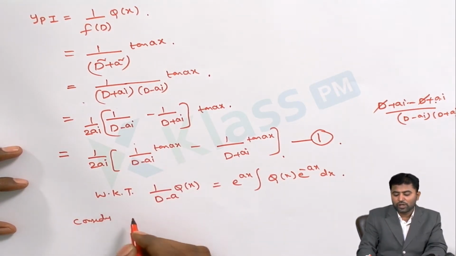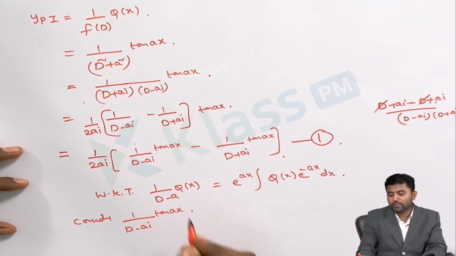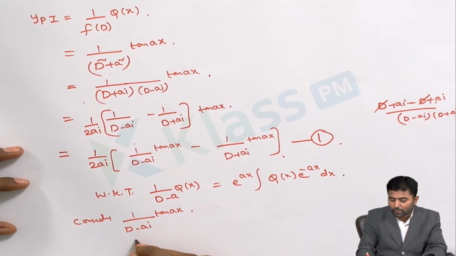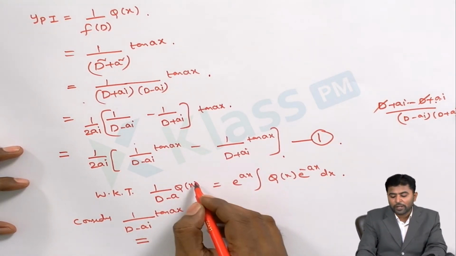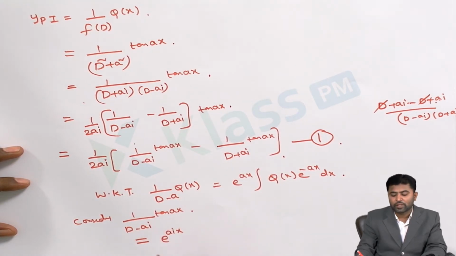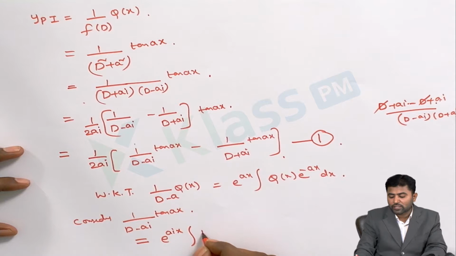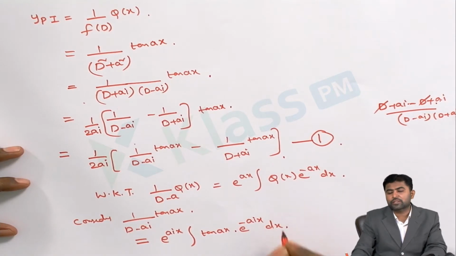Consider 1 by D minus ai tan ax. Then that will be equal to, see that in the place of a you have ai, in place of Q of x you have tan ax. So I'll replace them here and I'll get e power aix integration of tan ax e power minus aix into dx.